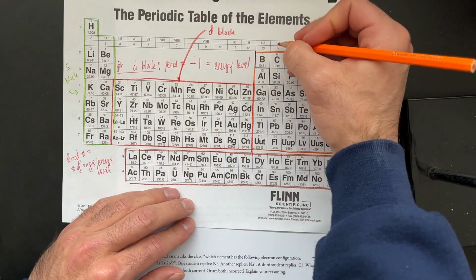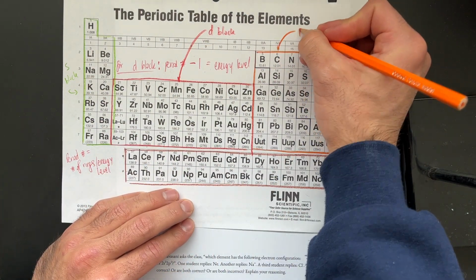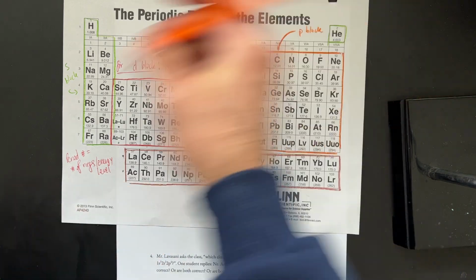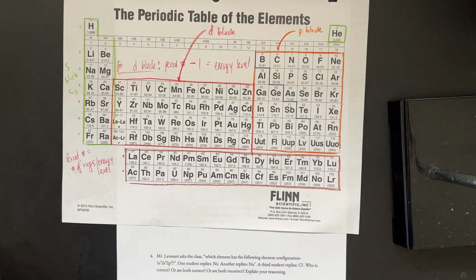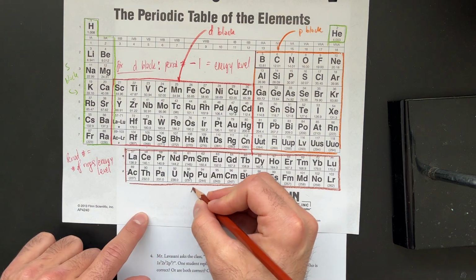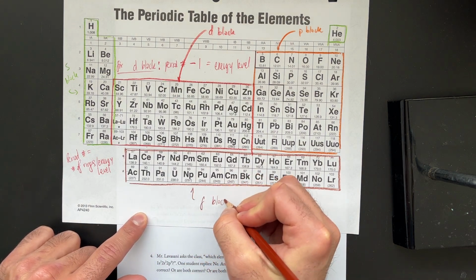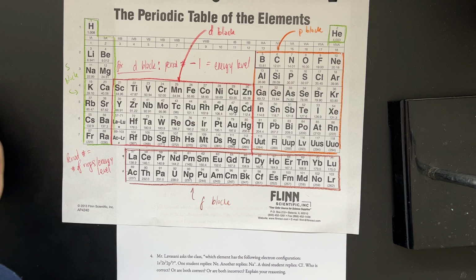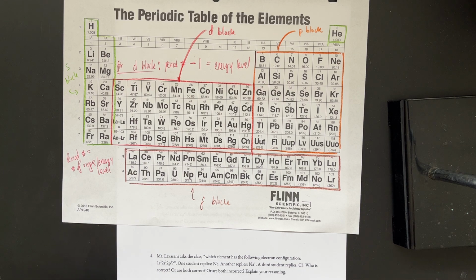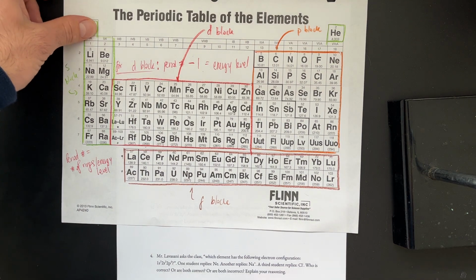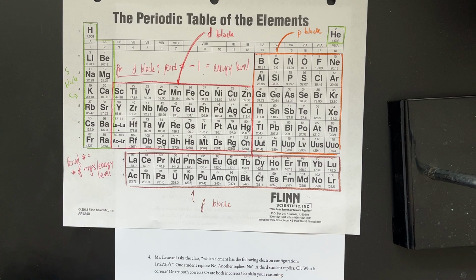And these guys here are our P block elements. And of course, these guys here are the F block, but we said we're not really going to worry about that. Sorry, this is how we divide up the periodic table.